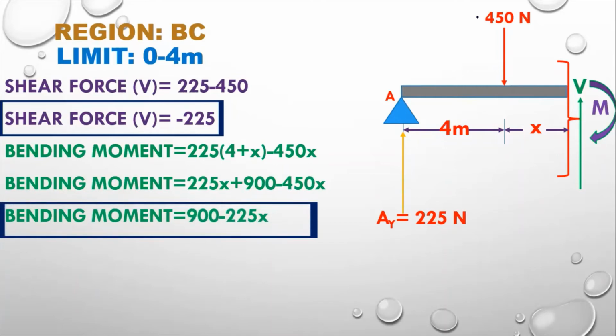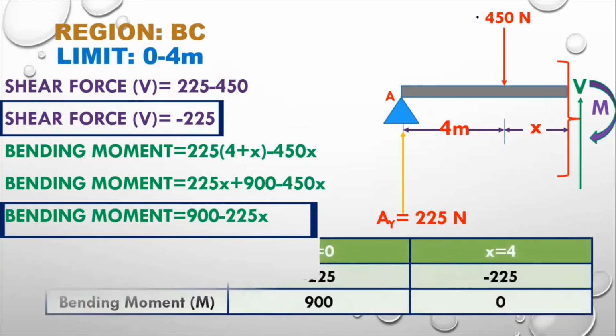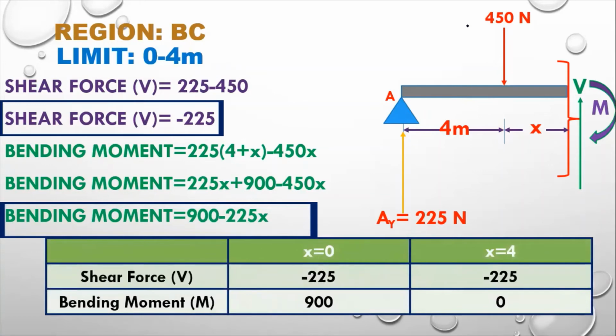Now we have to put the values of 0 and 4 in the shear force equation and bending moment equation. You can see the table over here, x is equal to 0 here, and x is equal to 4 again. So there is no x value in the shear force equation, so minus 225 will come as it is.